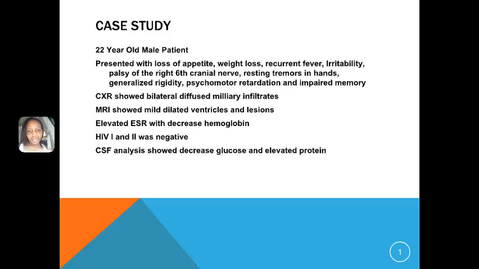He was pale, with a GCS of 12. His loss of appetite resulted in severe weight loss. He also presented with signs of meningeal irritation, right sixth nerve palsy, resting hand tremors, and generalized rigidity. Cognition problems were also noted, such as apathy, psychomotor retardation, and loss of memory.